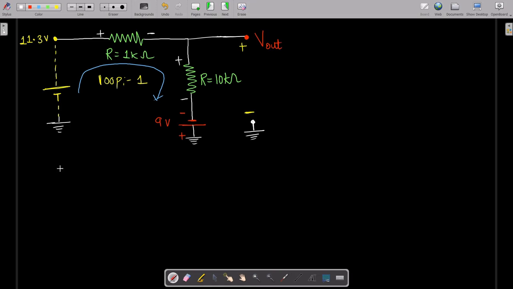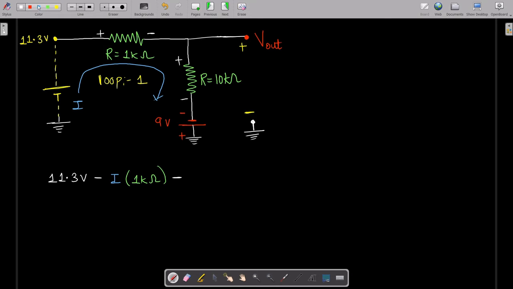It would be something like this: 11.3 volts minus, let's suppose the current I is flowing in this loop, minus I into the resistor of 1 kilo ohm, correct? Then again you are assuming that your current is the same.